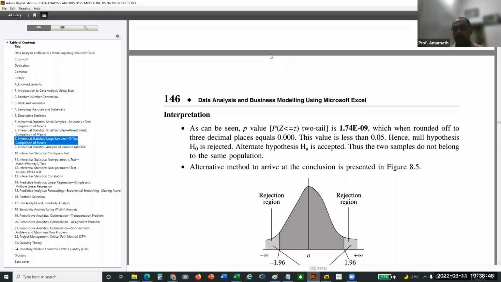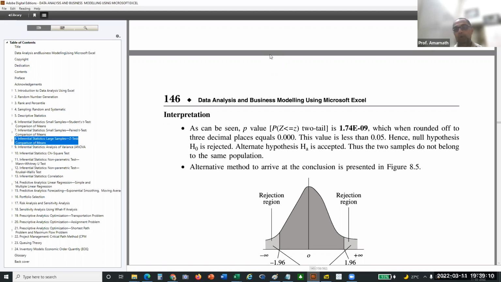In a real life situation, actually, a hypothesis test is something like this: you have got two samples, each above 30. For example, you have got 10,000 samples each. So column 1 has 10,000, column 2 has 10,000 samples. We try to compare them. We prove that no, it does not come from the same manufacturing plant.